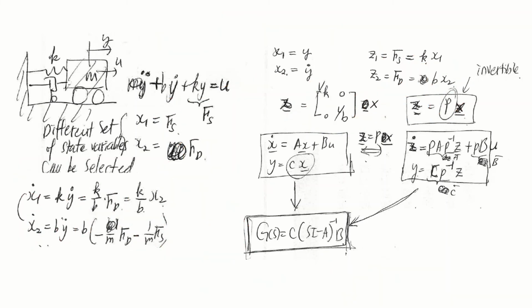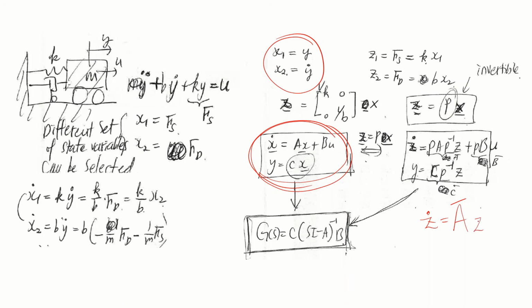So what is the relationship between this and the original state model? It's just one state model corresponding to this choice of state vector. Let me use a bar to denote the different state model: z dot equals A bar z plus B bar u, and y equals C bar z. Okay, so this is a different state model.